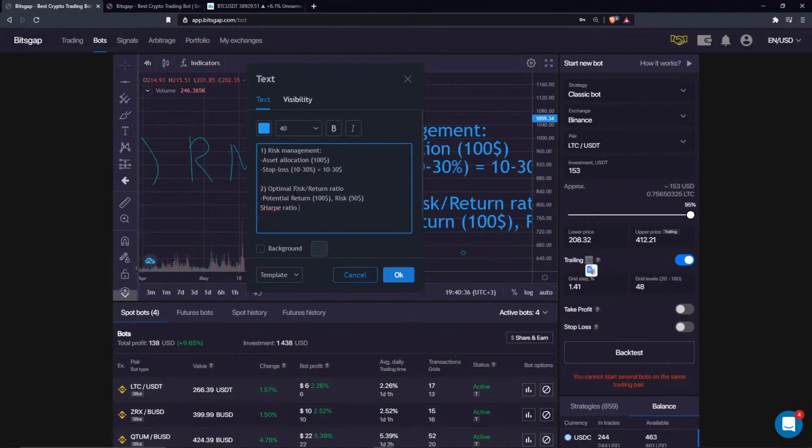It's not actually the Sharpe ratio, but pretty much. You divide the return, which is $100, by the risk, which is $50, and you get exactly 2. So that's the coefficient that I feel is the optimal one.